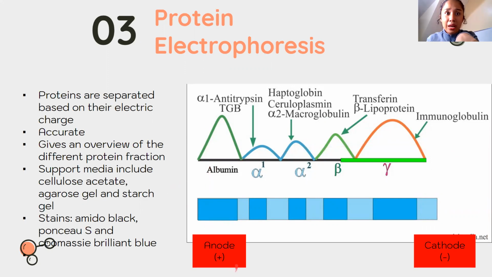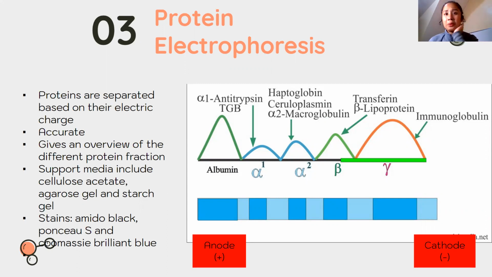Class, mapapansin nyo, ang fastest sa anode is albumin. Actually, ang mas mabilis is pre-albumin or transthyretin. Kaya may pre-albumin class because it migrates before albumin. So pakitake note lang, pinakamabilis towards your anode is your pre-albumin or transthyretin.